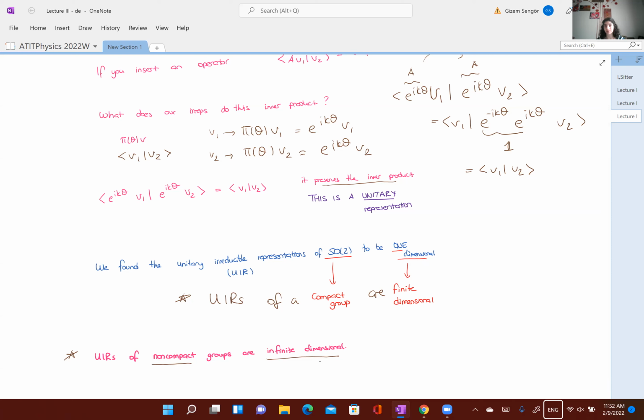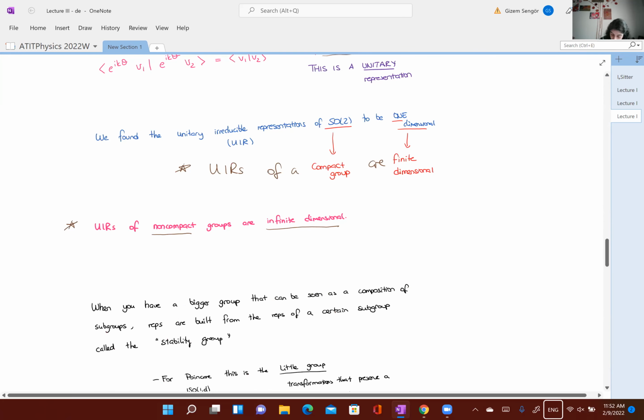For example, you have the spin S, and then there's the eigenvalue along the Z direction, M_S, with values that run from minus S to S, so that you only have that many states. That's a finite dimensional representation.